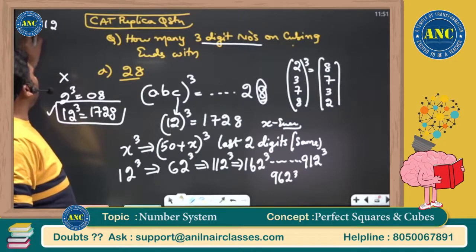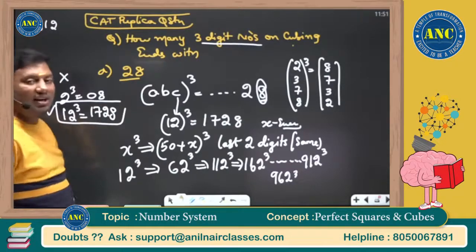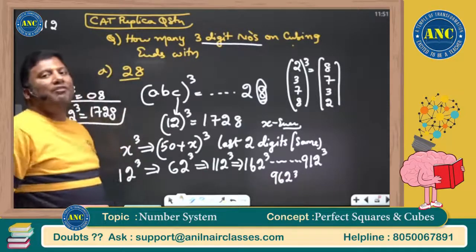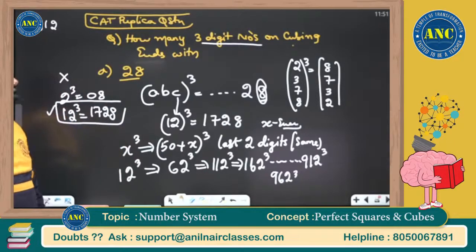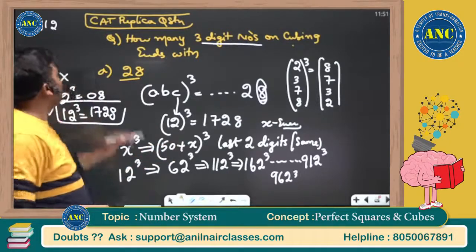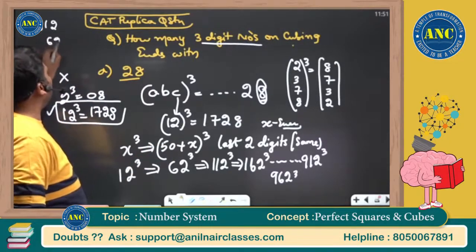So hundreds place can range from 1 to 9. Yes or no? It can be 112, 212, 312, 412, 512, 612 and so on up to 912. Similarly, 50 plus 12 is 62, and the next number is 62.